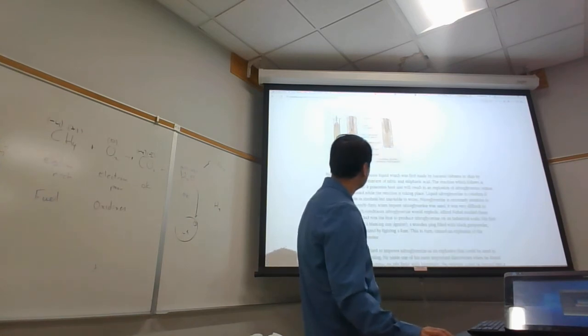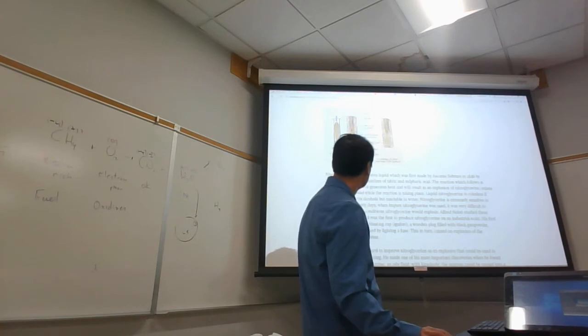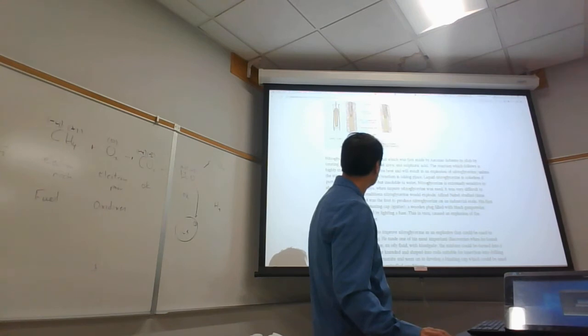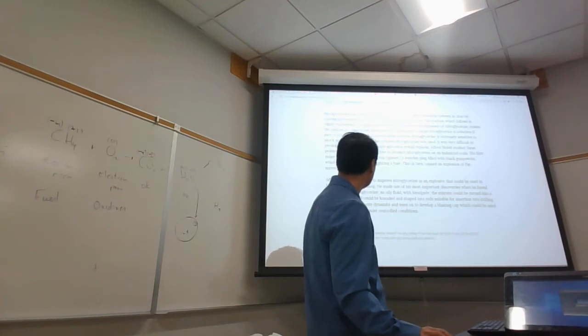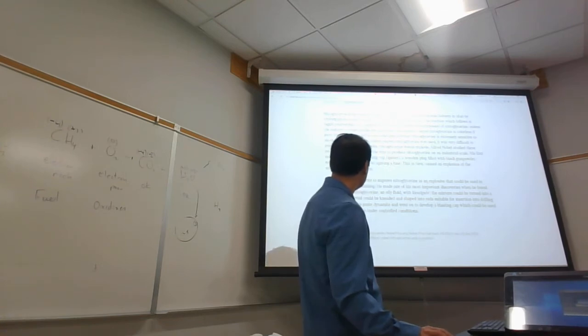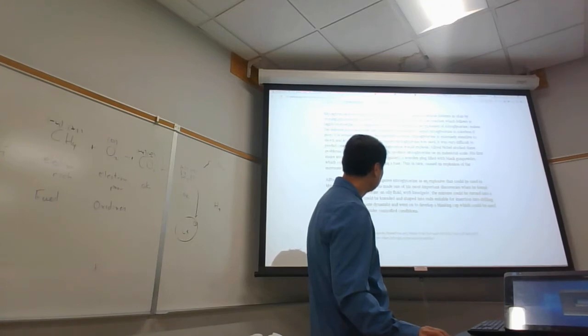Nitroglycerin is an explosive liquid which was first made in 1846 by treating glycerol with nitric and sulfuric acid. Alfred Nobel worked hard to improve nitroglycerin as an explosive that could be used in blasting rock and mining. He made one of his most important discoveries when he found that by mixing nitroglycerin, an oily fluid, with Kissel or whatever that is, I don't know how to pronounce that.